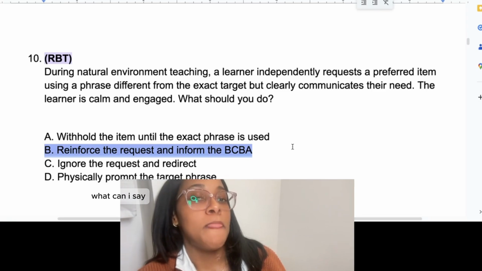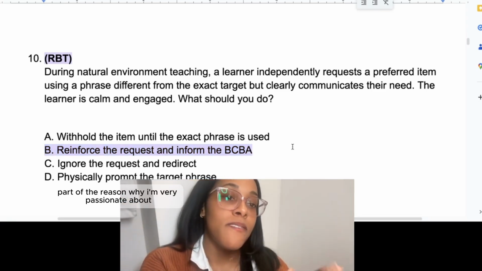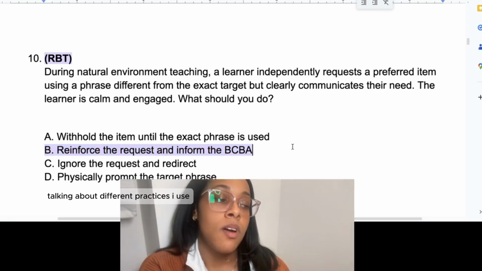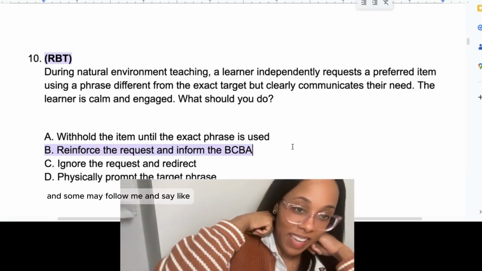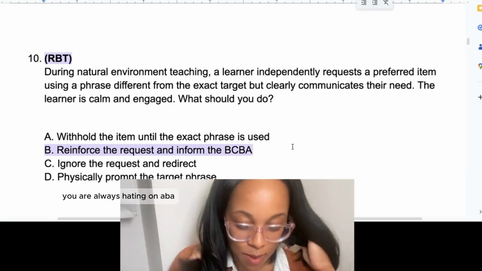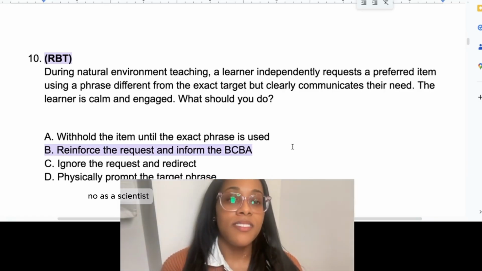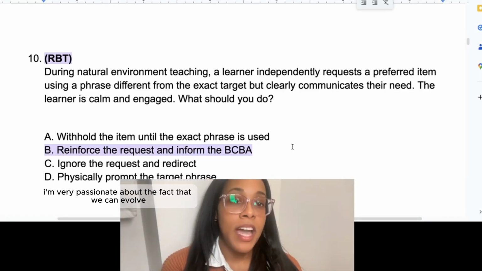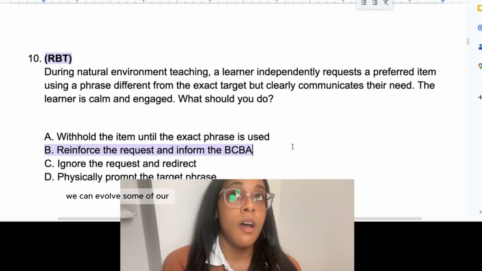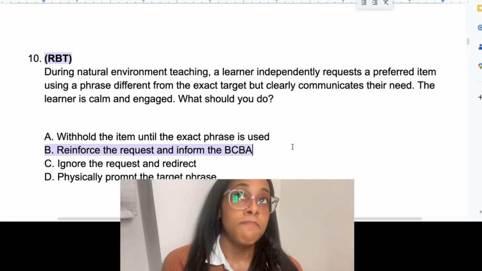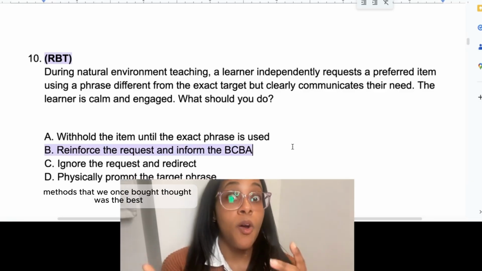Part of the reason why I'm very passionate about talking about different practices I use, and some may follow me and say, you are always hating on ABA. No. As a scientist, I'm very passionate about the fact that we can evolve some of our methods that we once thought were the best.